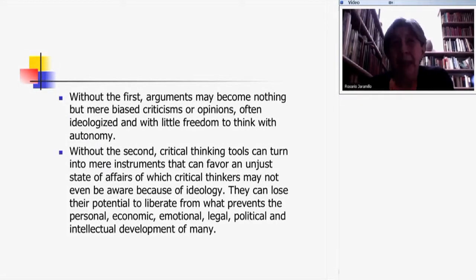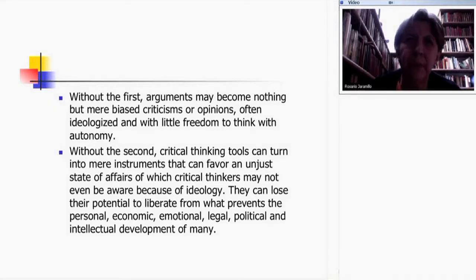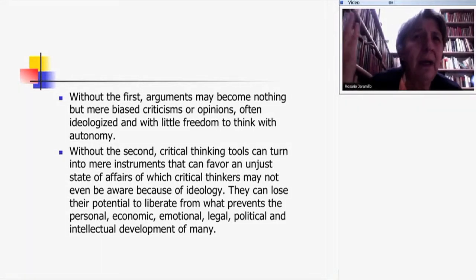Because without the first, arguments may become nothing but mere criticism or opinions, often ideologized and with little freedom to think with autonomy. That we see a lot in Latin America, of people that think that critical theory and being critical is a matter of blaming, I don't know whom, the government or whoever, those that have more power, either economic or social or political, which is true.